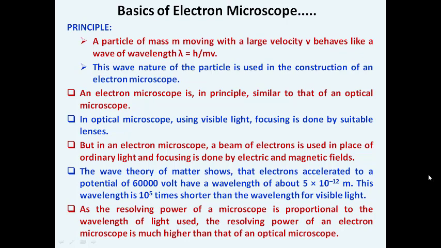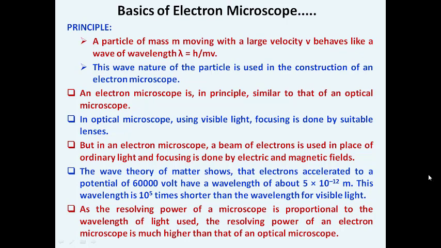For example, if an electron is accelerated through a potential of 60,000 volts, it has a wavelength of around 5 times 10 power minus 12 meter, which is equal to 0.05 Angstrom. This wavelength is 10 power 5 times shorter than the wavelength of visible light.